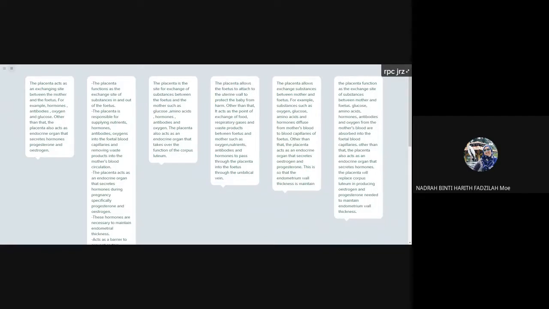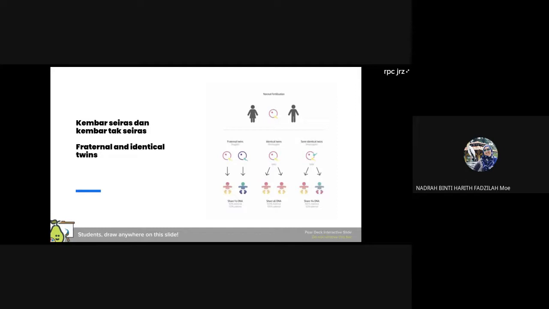Okay, let's take a look at the next one. Okay, secara umumnya dalam sukatan kita tengok dua ni saja ya, iaitu fraternal dengan identical twins.